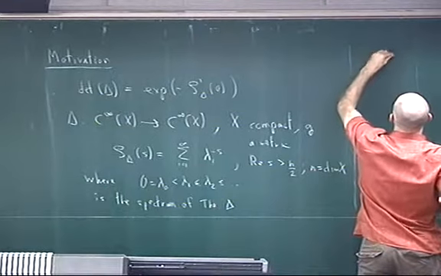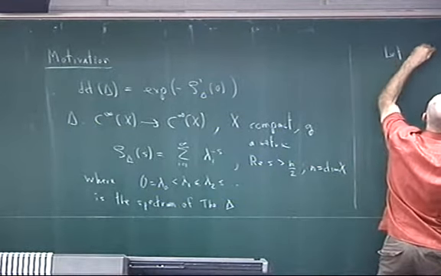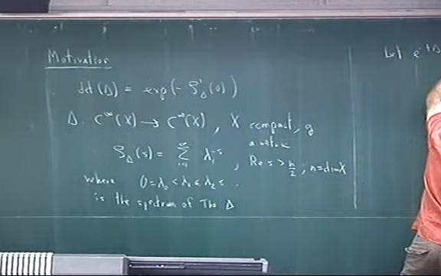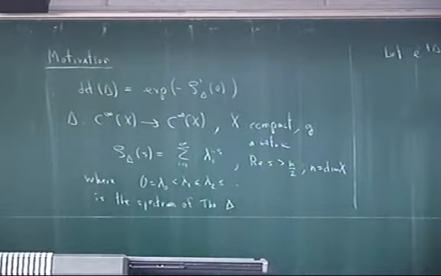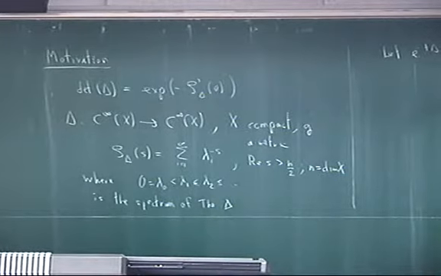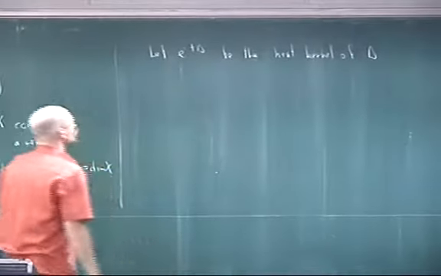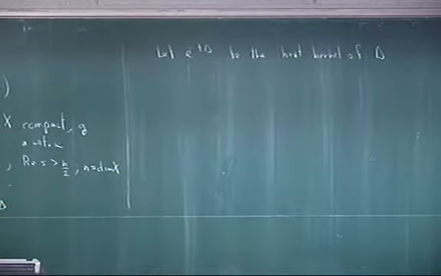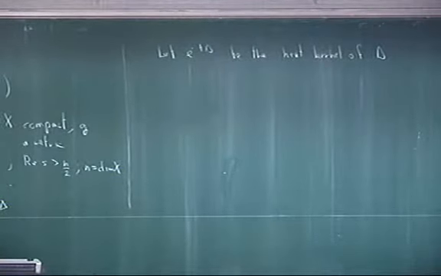So let e to the minus t delta be the heat kernel of delta. And so for t positive, that's a smoothing operator. In particular, it will be trace class.